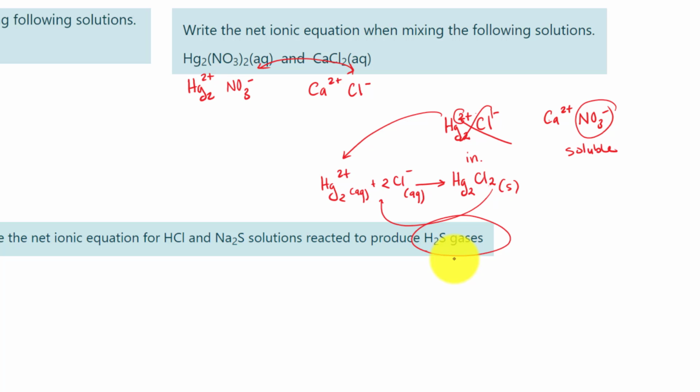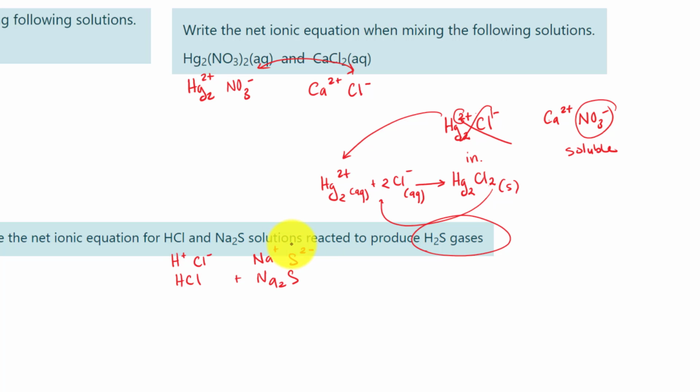So what we have in this case is HCl, okay, react with Na2S or sodium sulfide. So the same basic rules apply. We have H plus, Cl minus, okay? And then we have Na plus and S2 minus.